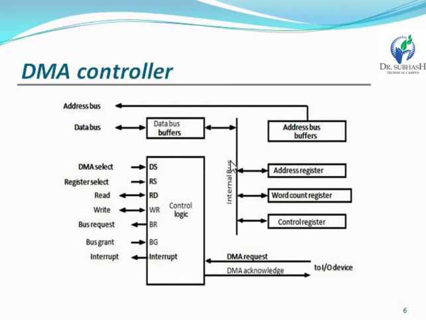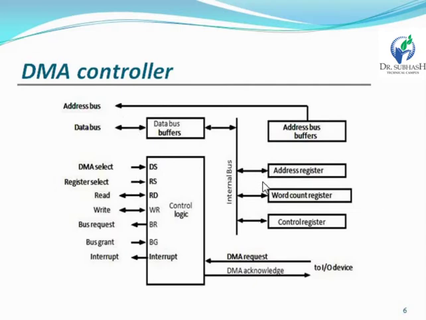Here there is an address register, a word counter and a control register, and a control logic unit. All these handle bus request, bus grant, interrupt, which is one type of signal, DMA request and DMA acknowledgement. This is the I/O device, which accesses the CPU directly, along with the data bus buffer and address bus.